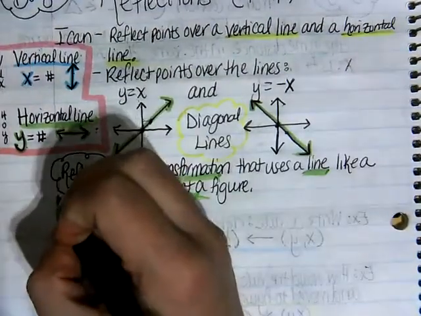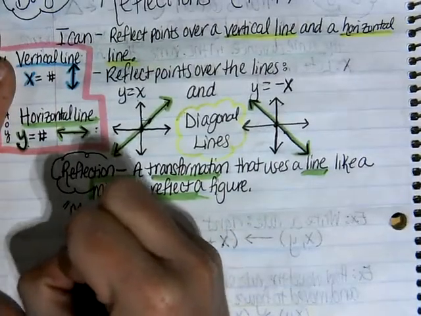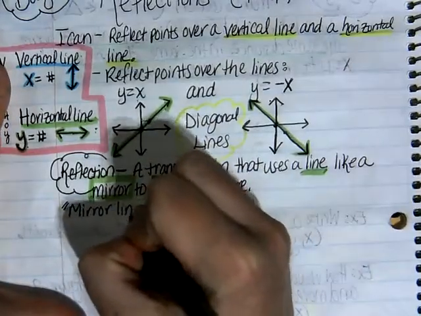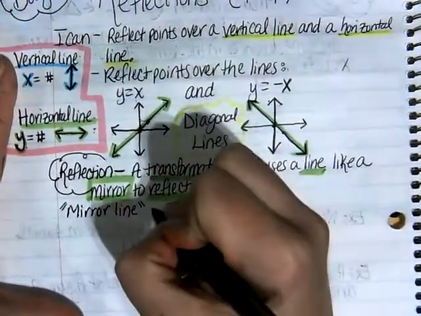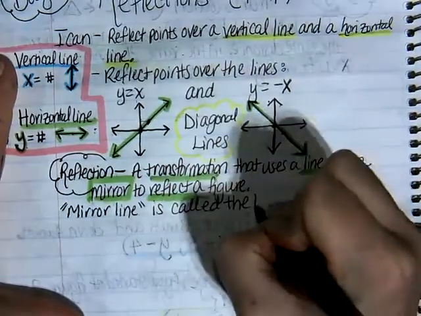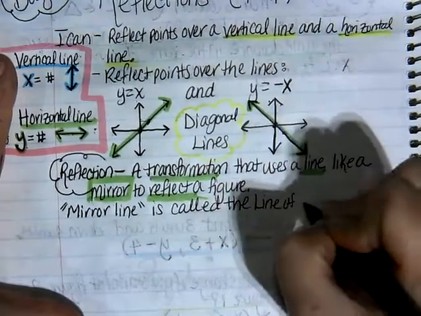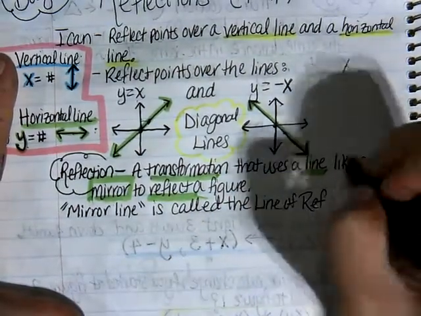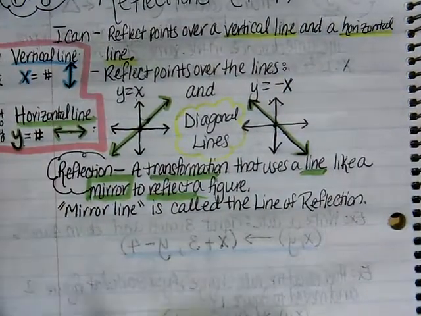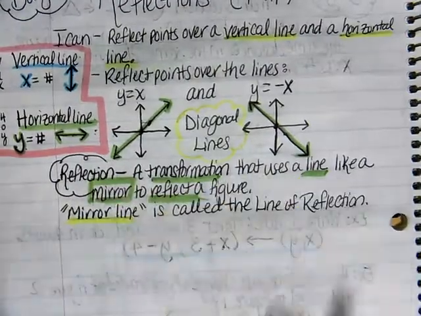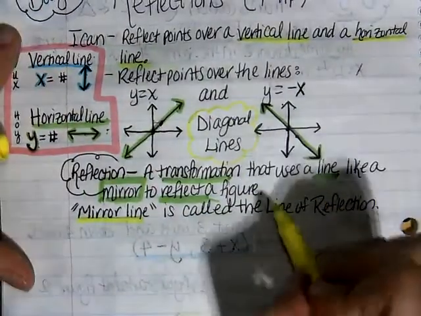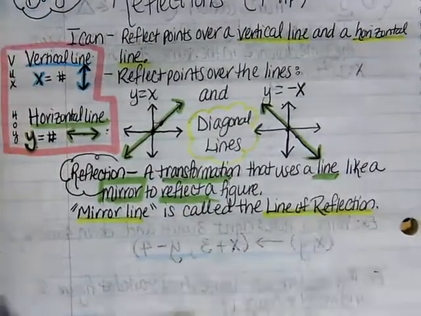That mirror line is called the line of reflection. The mirror lines are going to be either vertical, horizontal, or diagonal. They are called the line of reflection.